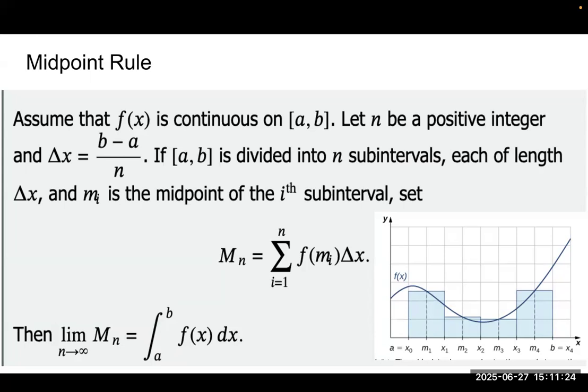In practice, for numerical integration, there are two cases. One is that you know what the function is, and then you can decide where you sample those points. The other class is that you are already provided with the samples. You don't have the freedom to choose where you put the points.